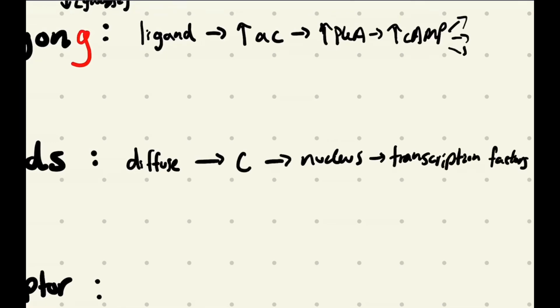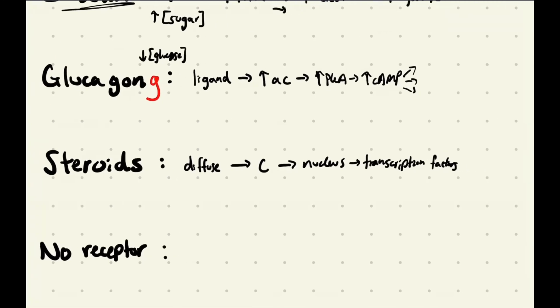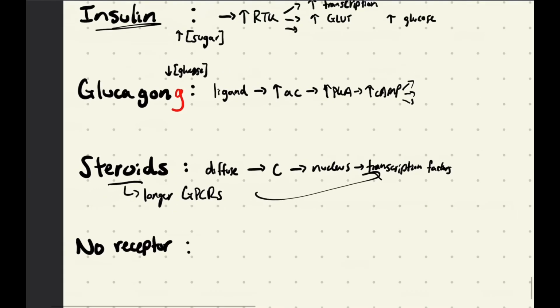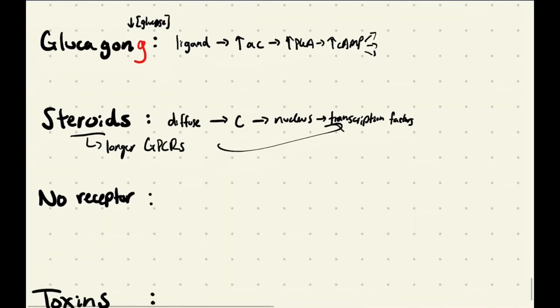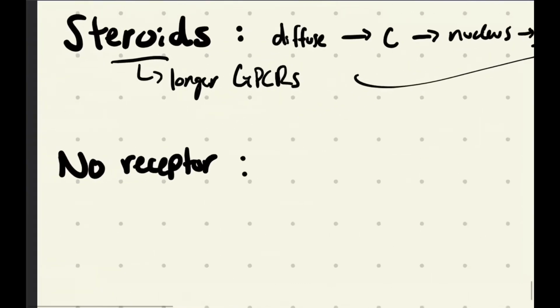Okay, and that's just going to lead to increased amounts of protein, but the time that it takes to actually have an effect is going to be longer than your G protein coupled receptors. And the reason for that is because translation takes a long time compared to just having an immediate downstream effect.